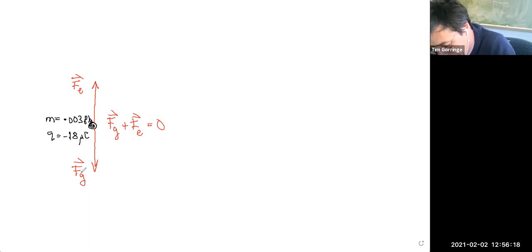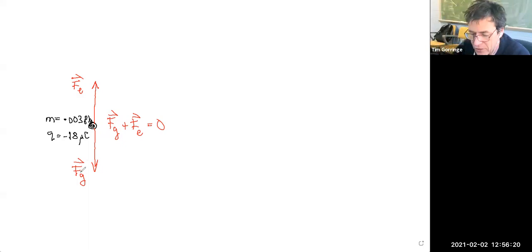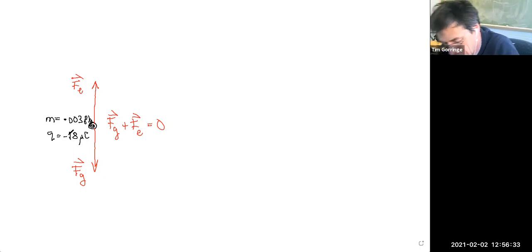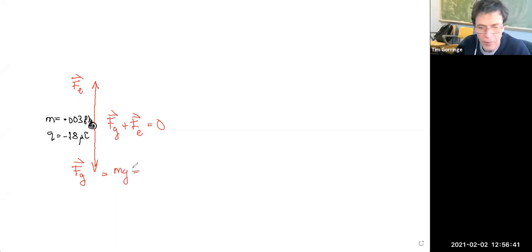Okay, so back to this problem. We figured that the gravitational force and electrical force are equal and opposite. What we're going to do is figure out the electrical force, and then we can figure out the electrical field that creates that electrical force. We'll start by figuring out the gravitational force in this problem. It's just the mass of the object times the acceleration of gravity. So this is 0.0038 kilograms times 9.8 meters per second squared.